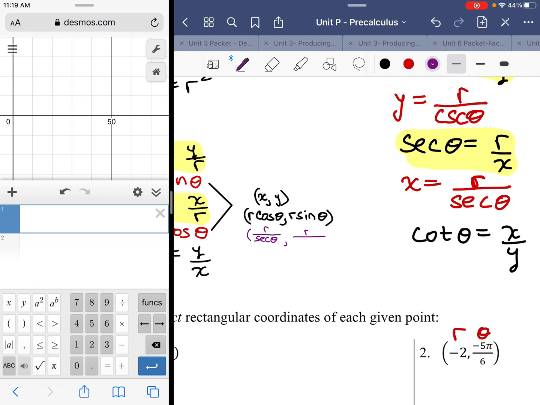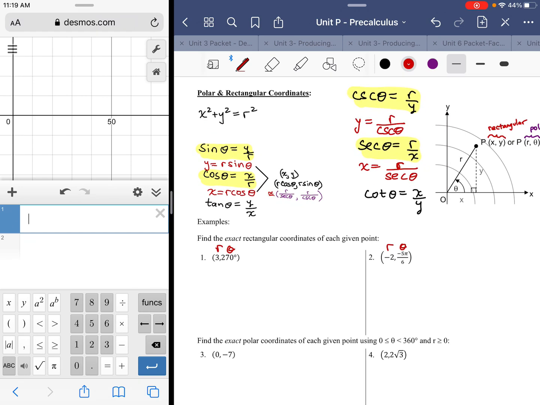So we would say r over secant of theta, comma, r over cosecant of theta. This is an either-or. You don't need them both, just one or the other. Most people are going to be more comfortable with the sines and cosines, but there is a time and a place for secants and cosecants.